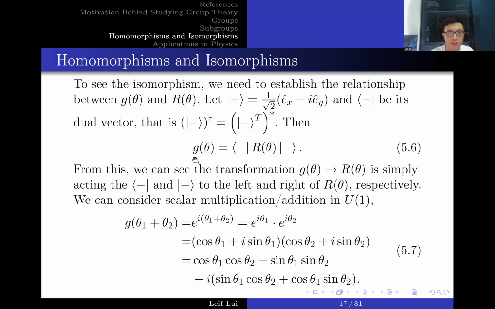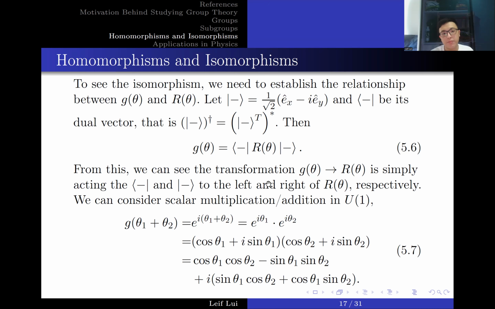So then we can see that G of theta is equal to R of theta acted on by the bra and the ket. So from this, we see that the transformation from G of theta to R of theta is simply acting the bra on the left and the ket on the right.